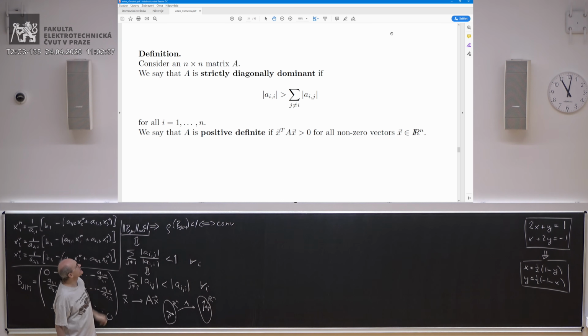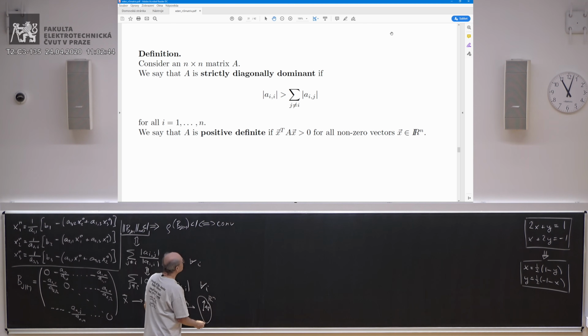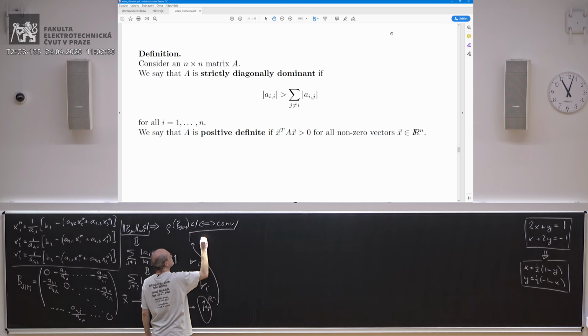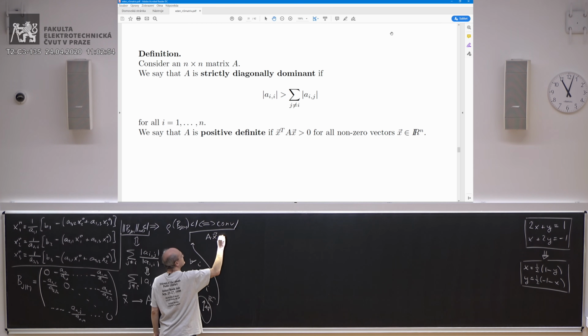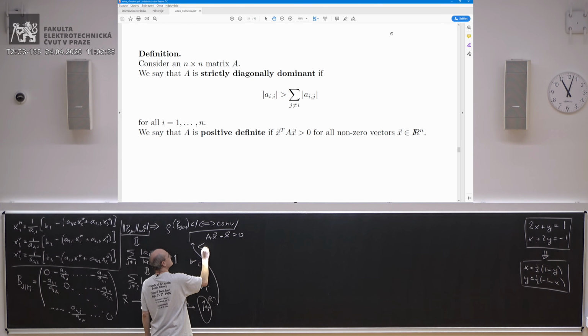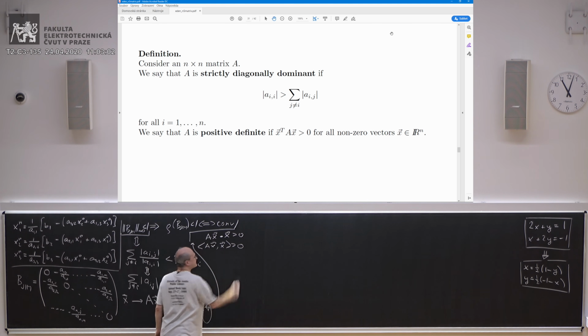The condition which is in the definition, the one with x transposed times Ax, can be actually written in different ways. And one way, which I want to look at, is this. It can be written as Ax dot product x, and this should be positive. Or if you want, (Ax, x), and this should be positive.